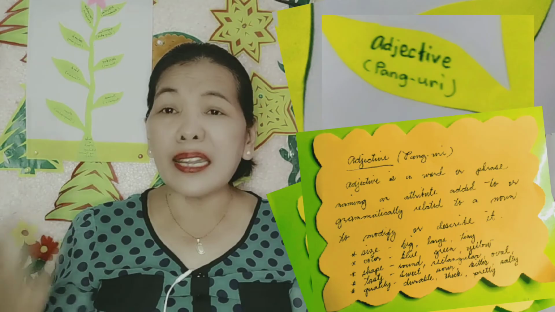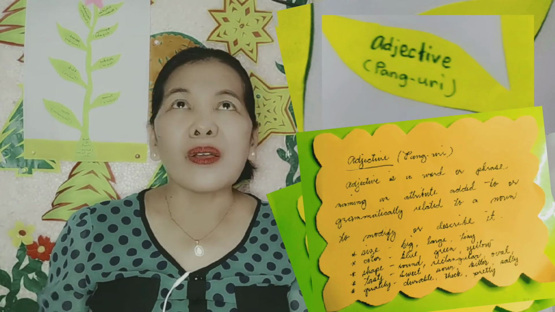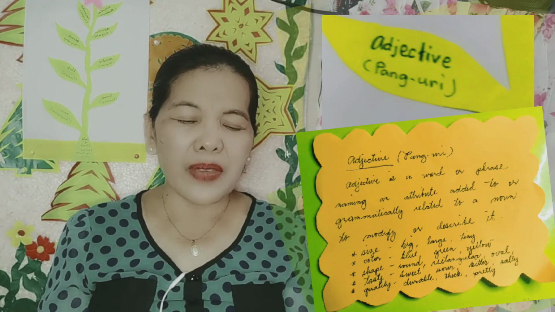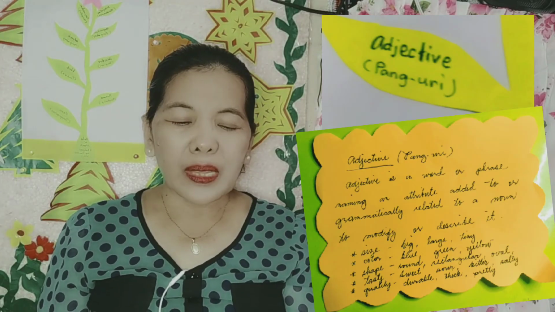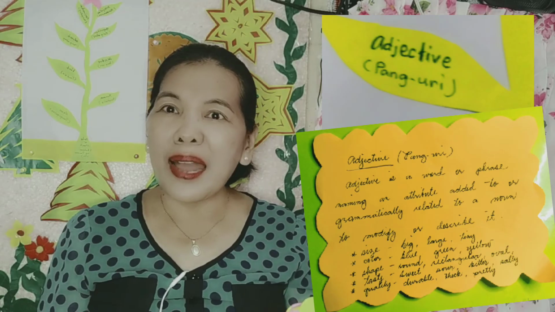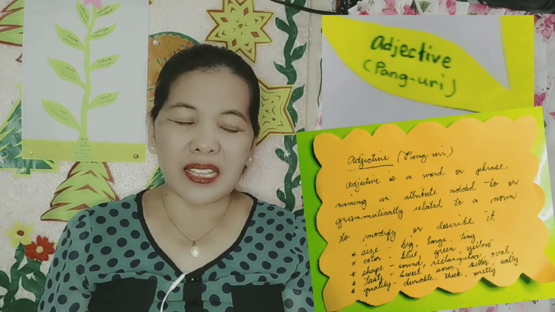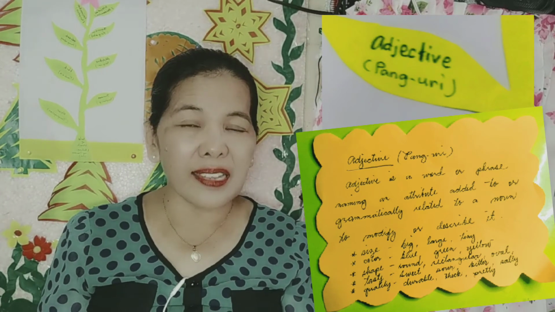Okay, so we are naming attributes. Ano ba yung mga qualities? How do you describe it, no? And then, so we have here the size, the color, the shape, taste, what else? Quantity, how many? It's also an adjective. And quality, anong klase ba ang kalidad niya?